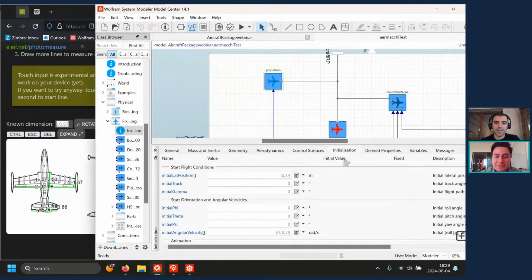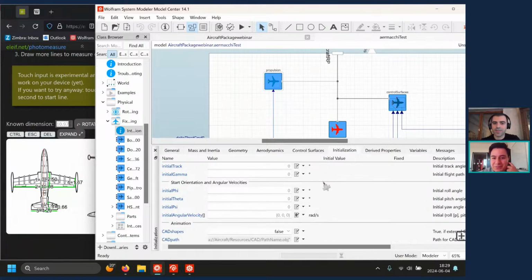And finally, in this page, if we go to the initialization: if you're going to show this simulation, maybe present it in a colloquium to your superiors, classmates, or partners, you want it to look nice. And you also want to get some insights on the animation. So we're going to put it on true. For the CAD path, you can have your CAD as long as it's an .obj stored somewhere.